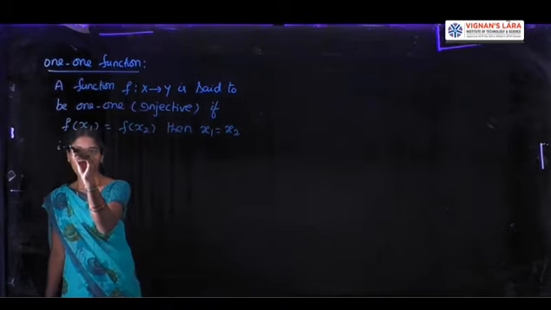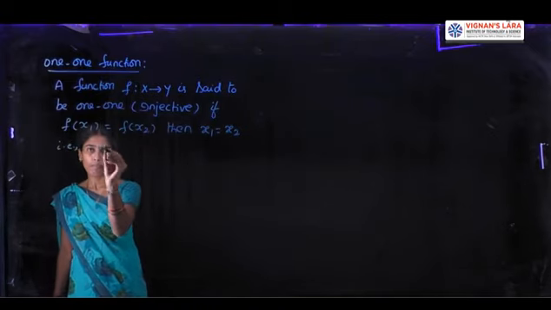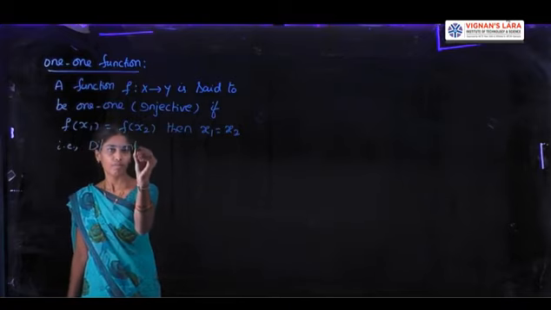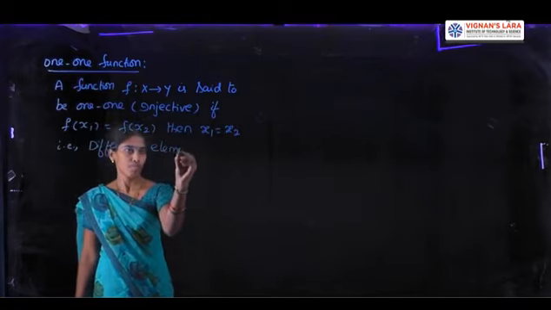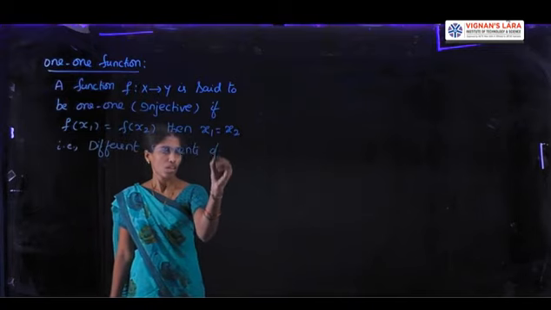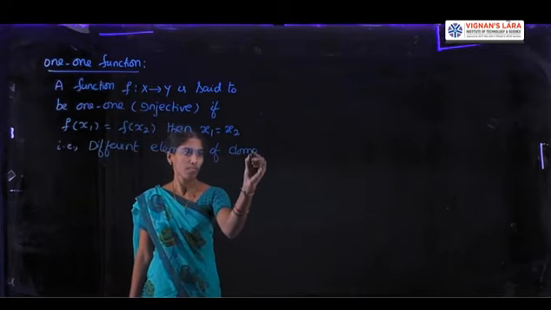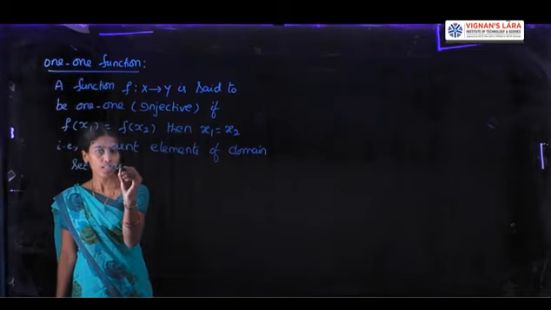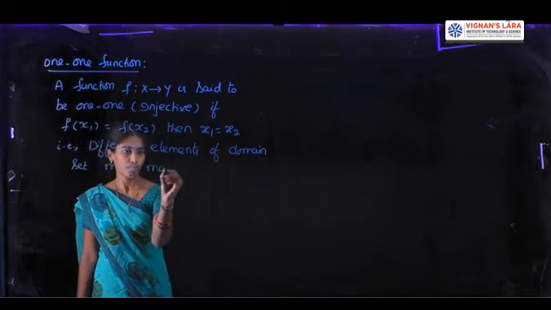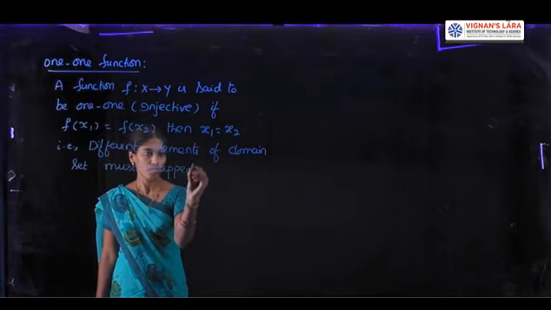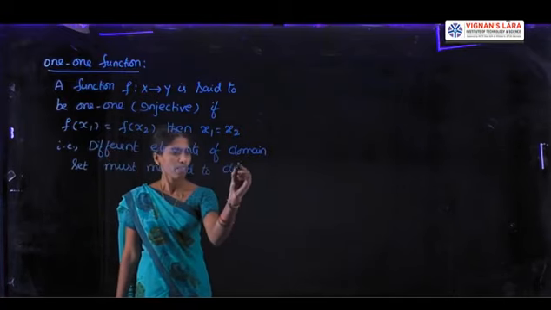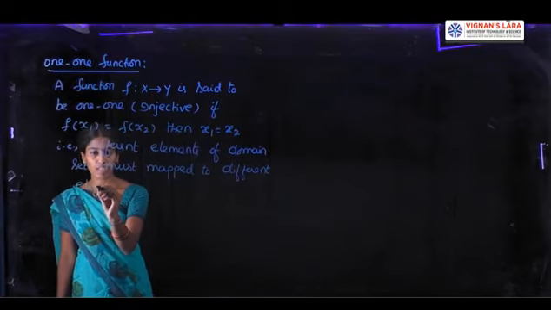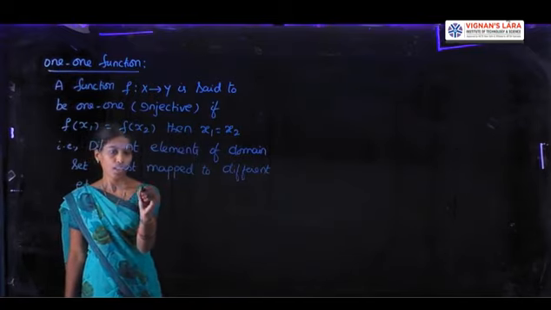That is, different elements of the domain set must map to different images or different elements in the codomain.